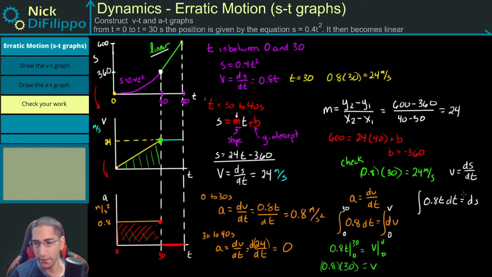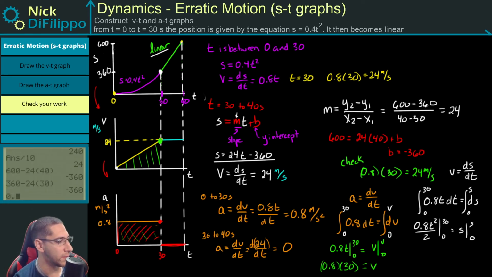So if I take the integral again from 0 to 30, and this goes from 0 to some distance s, I'll have 0.8 t squared over 2 evaluated from 30 to 0 is equal to s evaluated from s to 0. All right, the only term that matters is 30 because 0 just goes away. And what I'll have is 0.8 times 30 squared, which is 720, divided by 2, and that gives me 360.